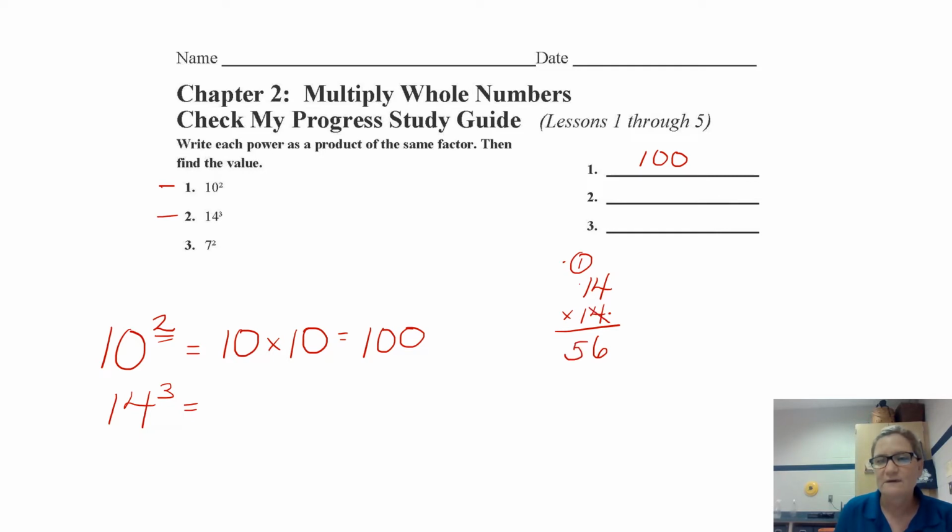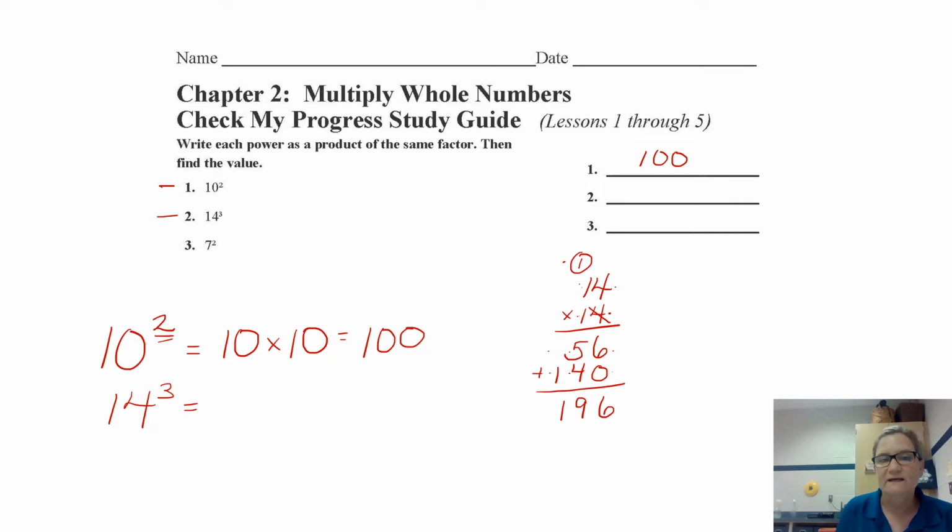I'm done multiplying by the 4. I add a 0 because this 1 is in the tens place. 1 times 4 is 4. 1 times 1 is 1. Now I can add. 6 plus 0 is 6. 5 plus 4 is 9. Nothing plus 1 is 1.